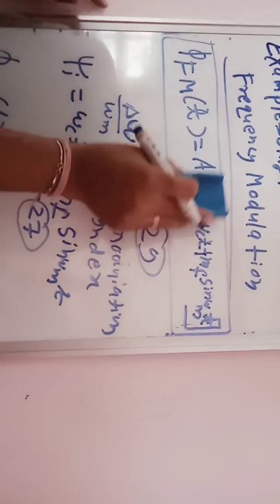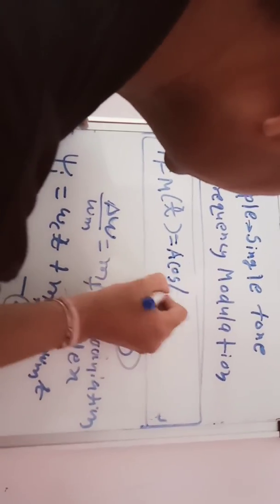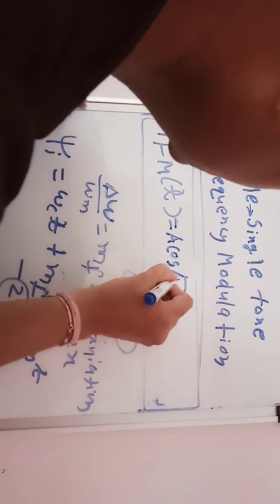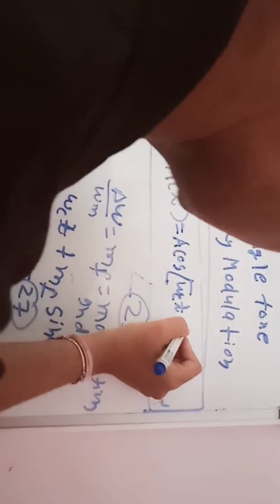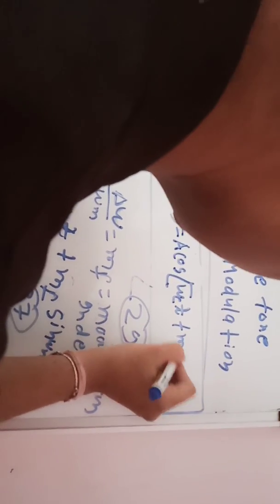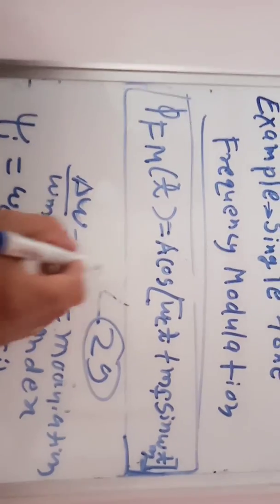I will write this expression again so that you can see it clearly and understand it: A cos of omega c t plus m f sin omega m t. So this is equation number 29.